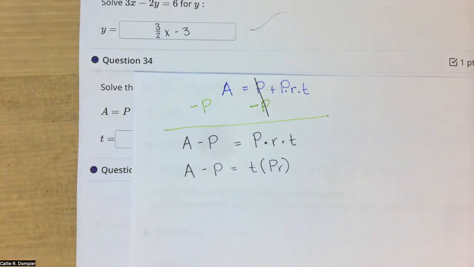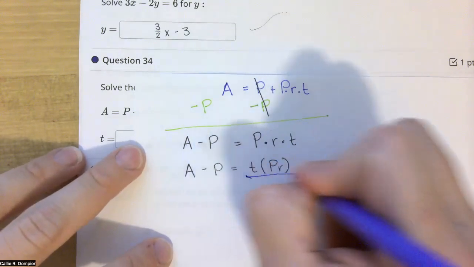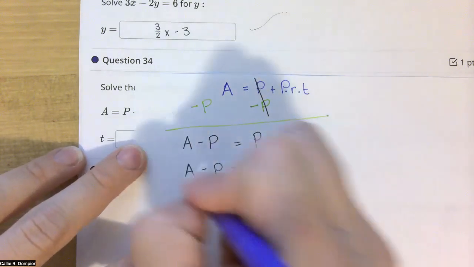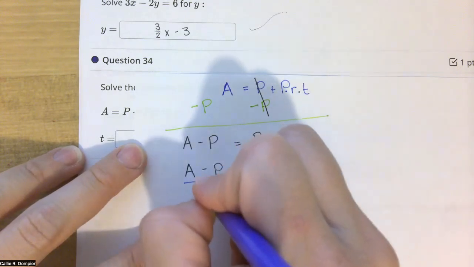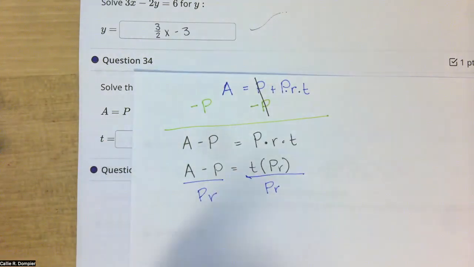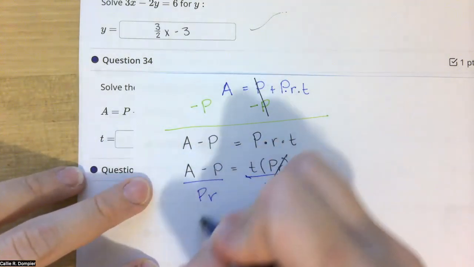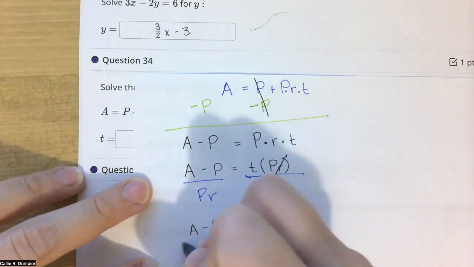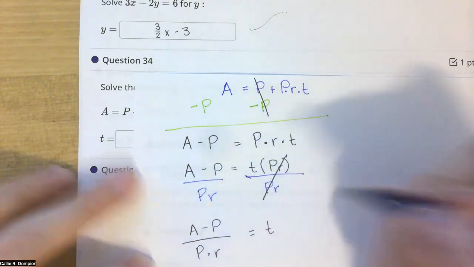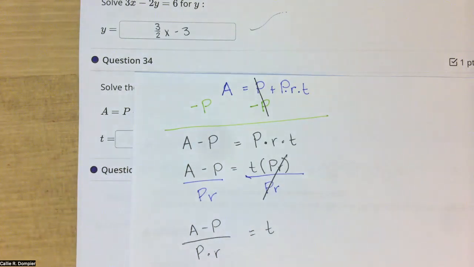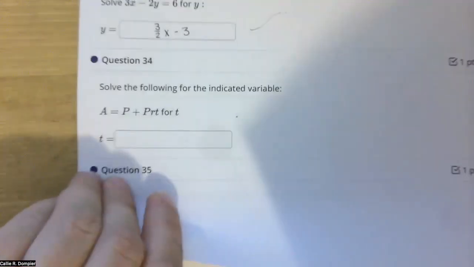Okay, so I can do them both at once. It's being multiplied by PR. How do I get rid of multiplication by PR? Divide by PR. Anything I do to the left side, I have to do to the right side. Now that means I have A minus P divided by P times R equals T, because I canceled it. Good? Sounds very confusing. I would just take it one step at a time. Do the best you can.